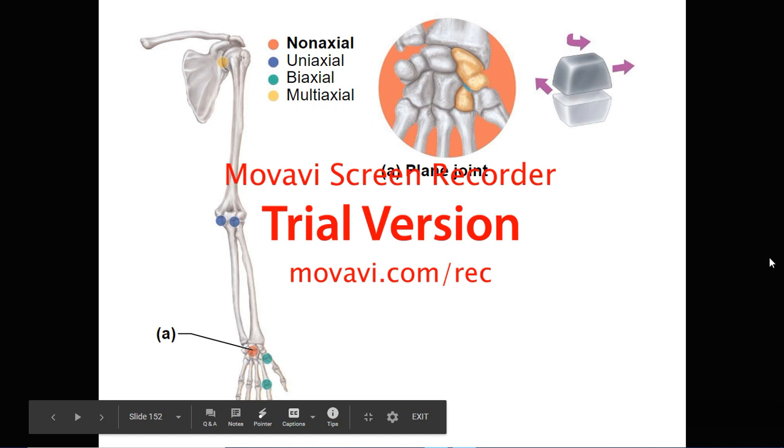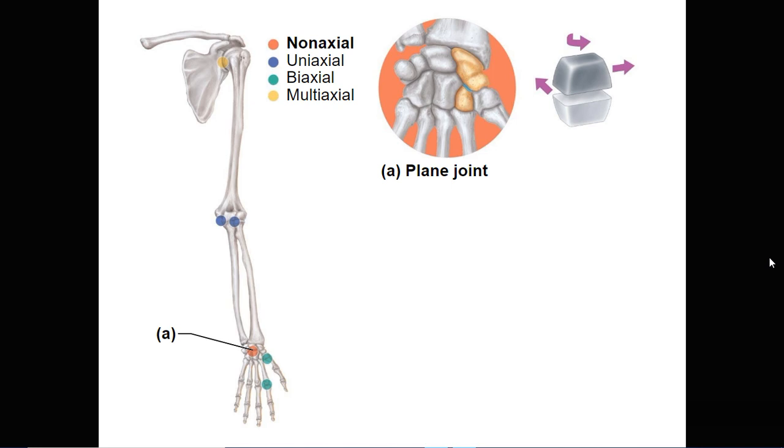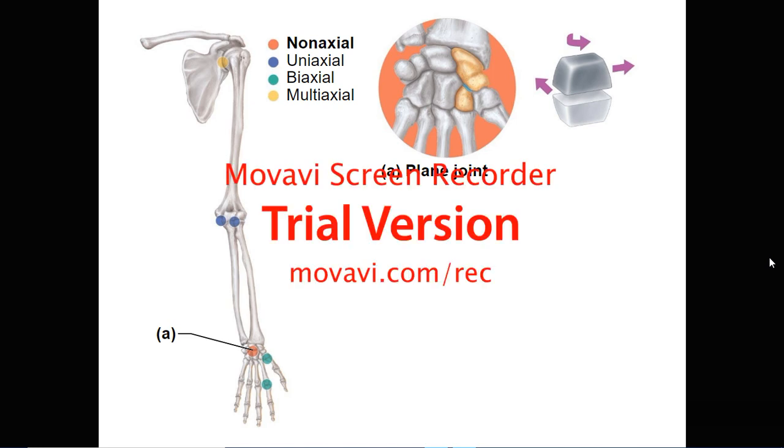The non-axial is an example of gliding movements, and they occur when one flat or nearly flat bone surface glides or slips over another. Think of the side-to-side motion, and this happens without rotation or angulation or increasing or decreasing angle.